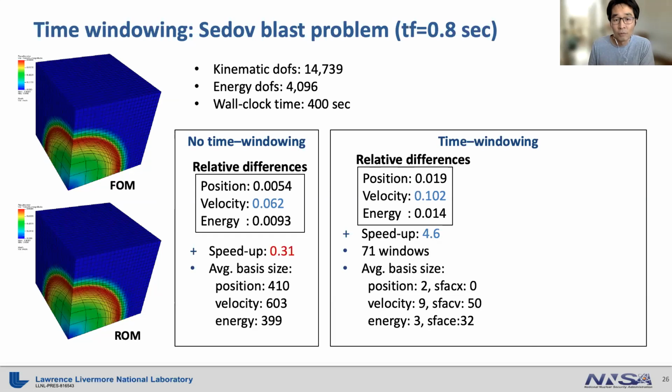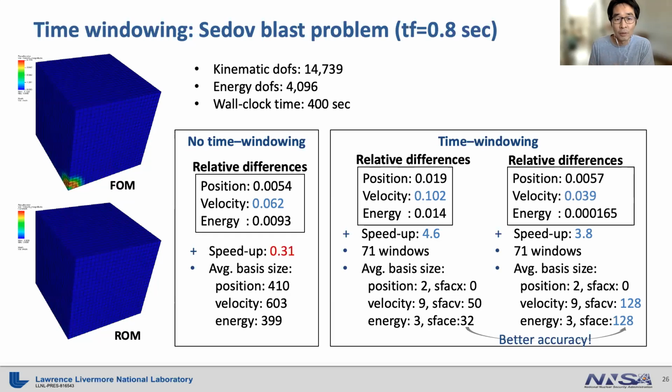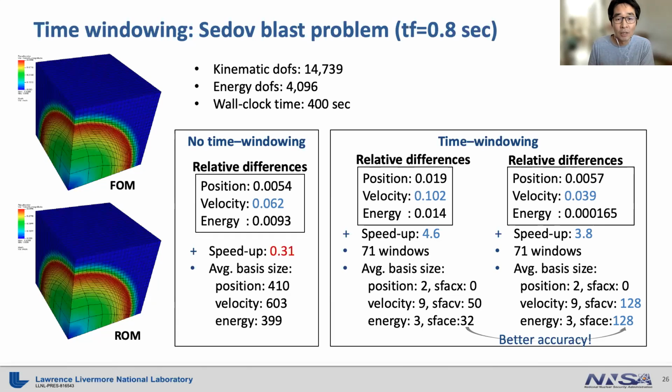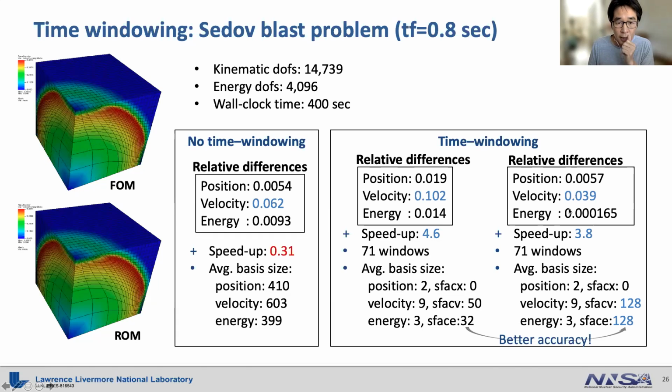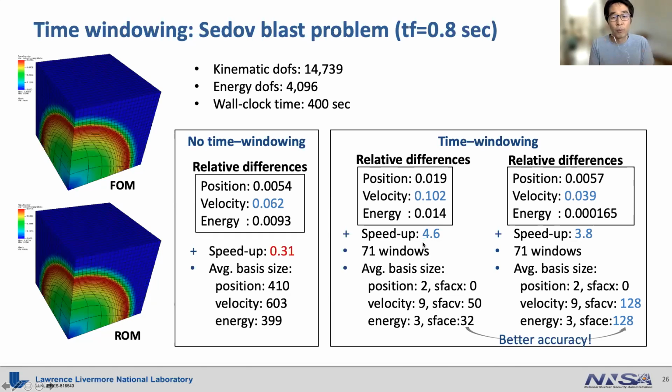And the great thing about the reduced model is that its accuracy can be tunable. So if you want more accurate solutions, we can add more bases or more sampling points in hyperreduction, and then increase the accuracy, but you have to pay some price on the speedup. So the speedup decreased from 4.6 to 3.8.